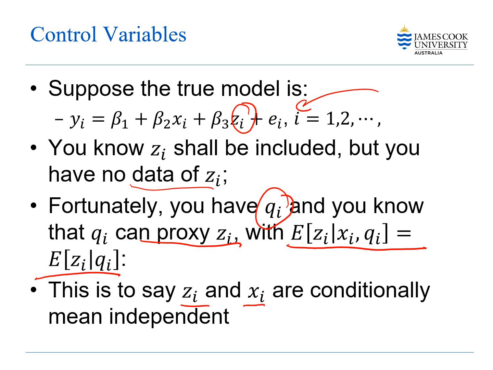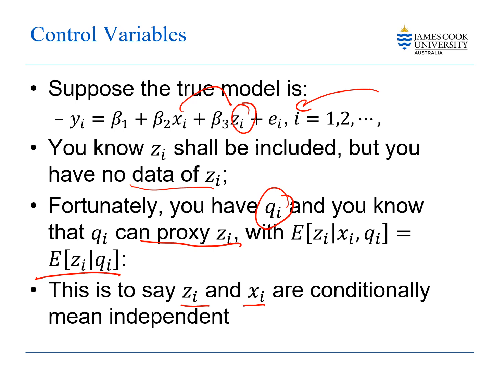Essentially it says that if we condition on Qi, then Zi and Xi are no longer correlated. Remember, education and people's unobserved capability can be correlated. But let's say we have data on IQ. So conditional on IQ, there's no correlation.